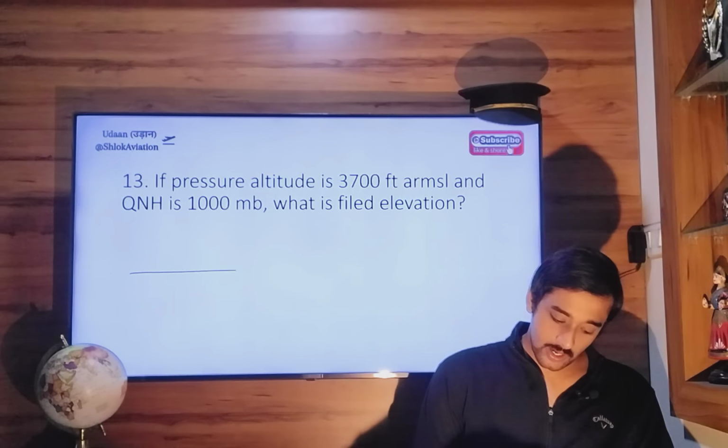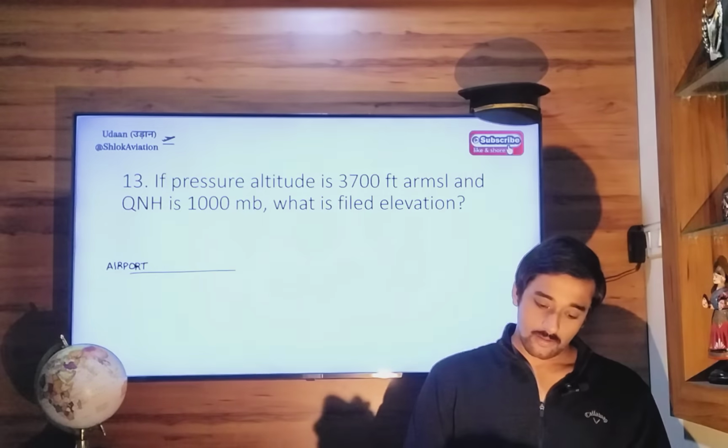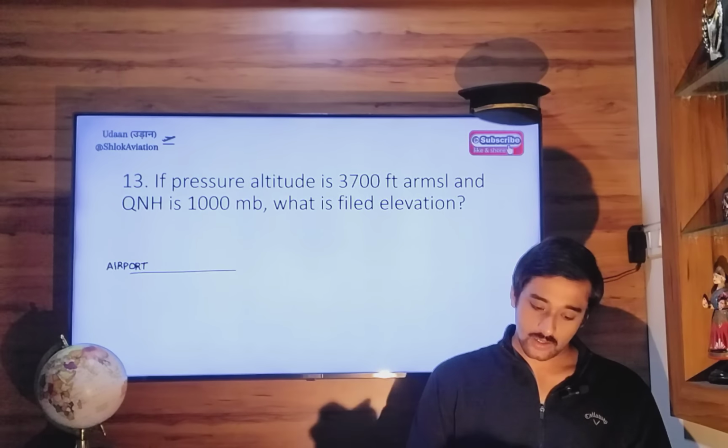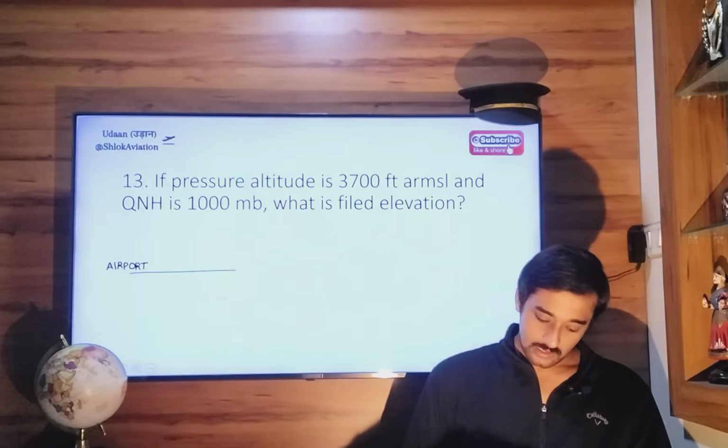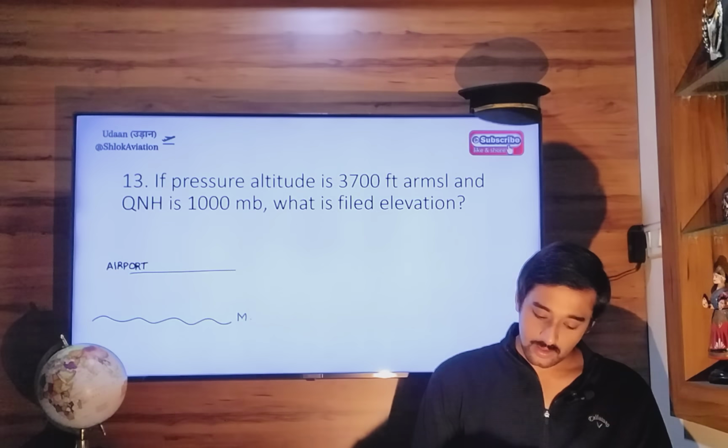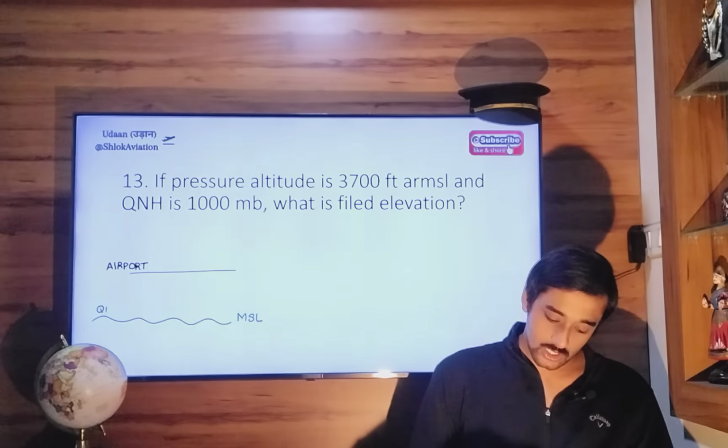So let's consider this is your airport. Now QNH, pressure altitude is 3700. So this is your mean sea level, let's say, where there is QNH.